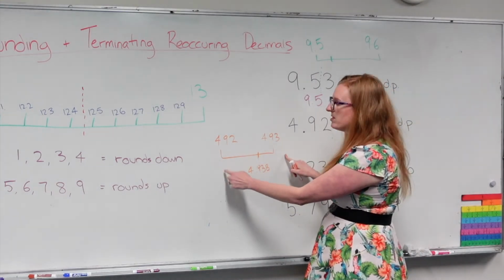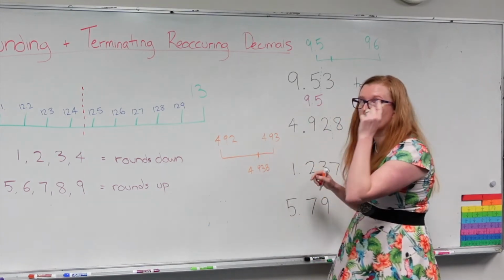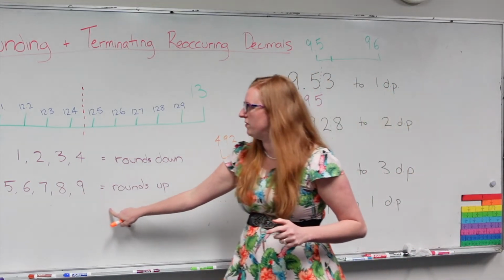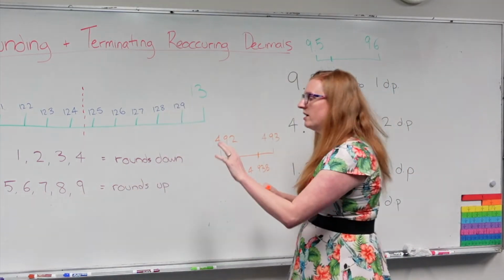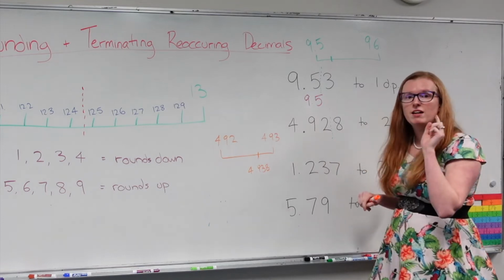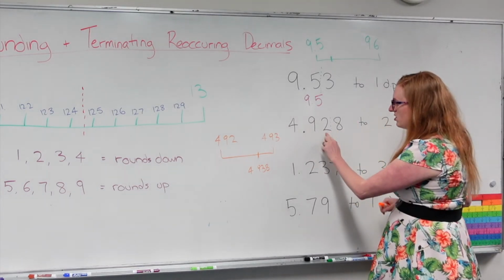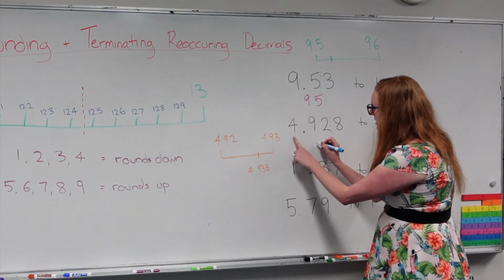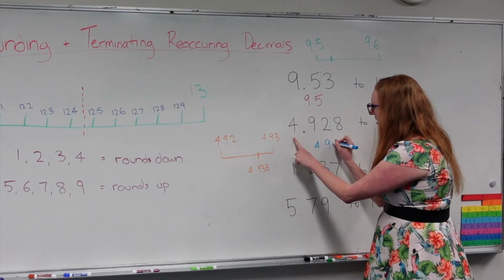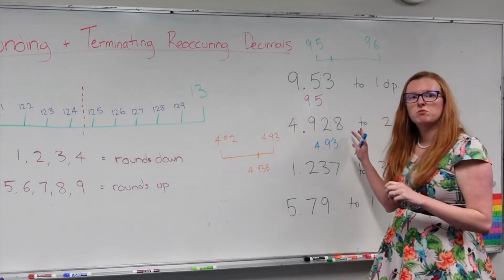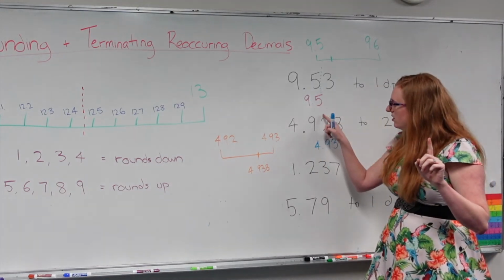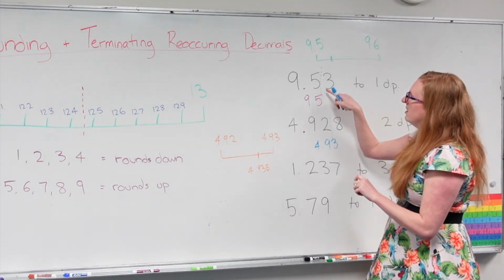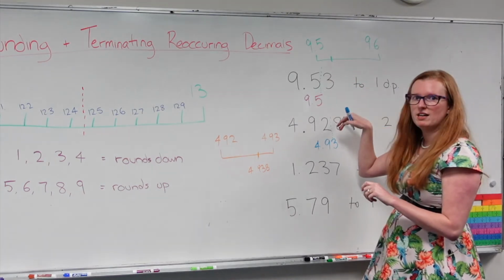I want to decide whether it's closer to 4.92 or 4.93. According to this rule, if the next number is 8, it's going to round up, which means this 2 is actually going to turn into a 3. So this will become 4.93. When you're rounding up, your last decimal place changes into the next number up. Whereas when you're rounding down, you just drop your last digit off.